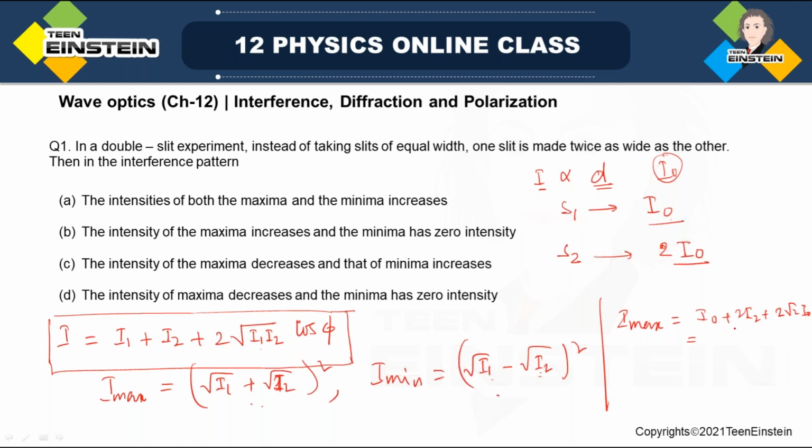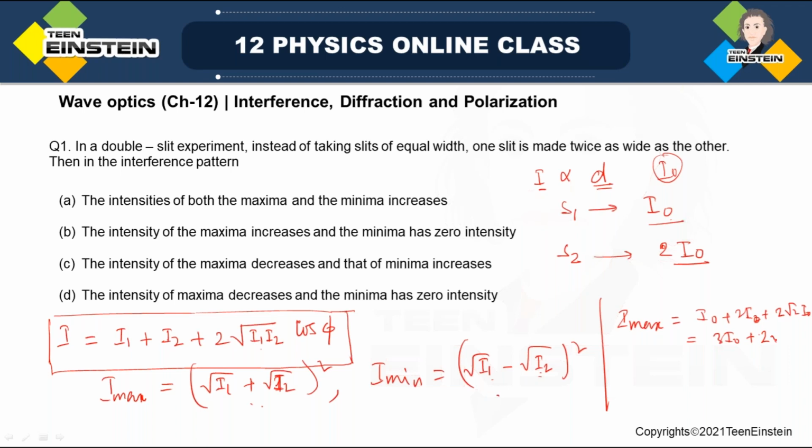So at least you can see this is 3I0 plus this term. Earlier you would have got I0 plus I0, 2I0, or 4I0.